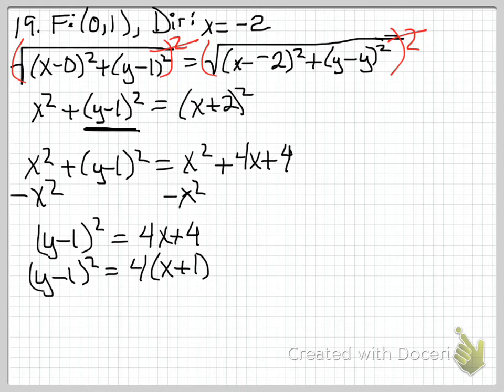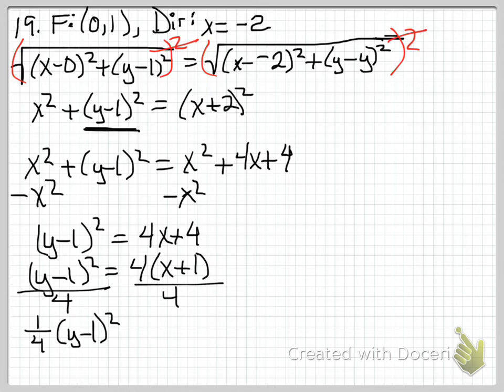All right. Now that I have that 4 factored out, now I'm going to reduce it from both sides. Remember that we are imagining a 1 on the y side. So I'm dividing each side by 4. Okay? That's going to leave me with 1/4 times y minus 1 squared is equal to x plus 1.